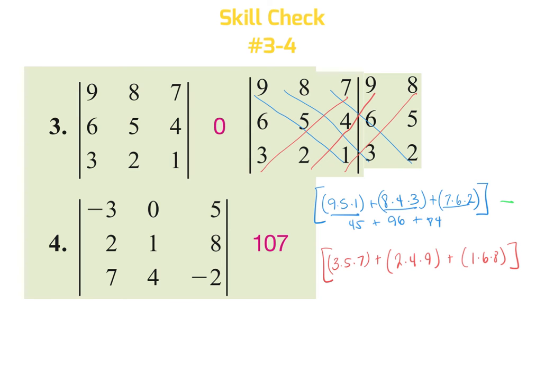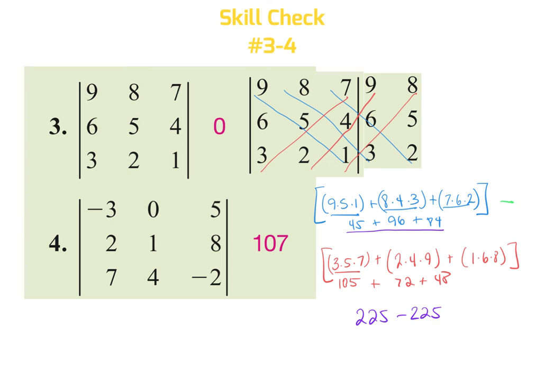All right, and then we have 3 times 5 times 7. Yeah. 2 times 4 times 9, 72, 48. All right. Then you need to add them, which is, there we go, 225.